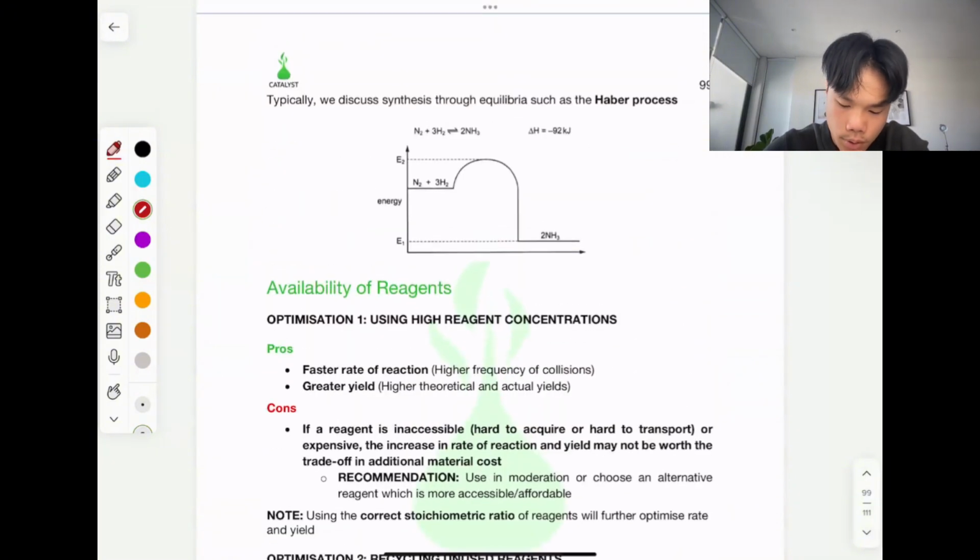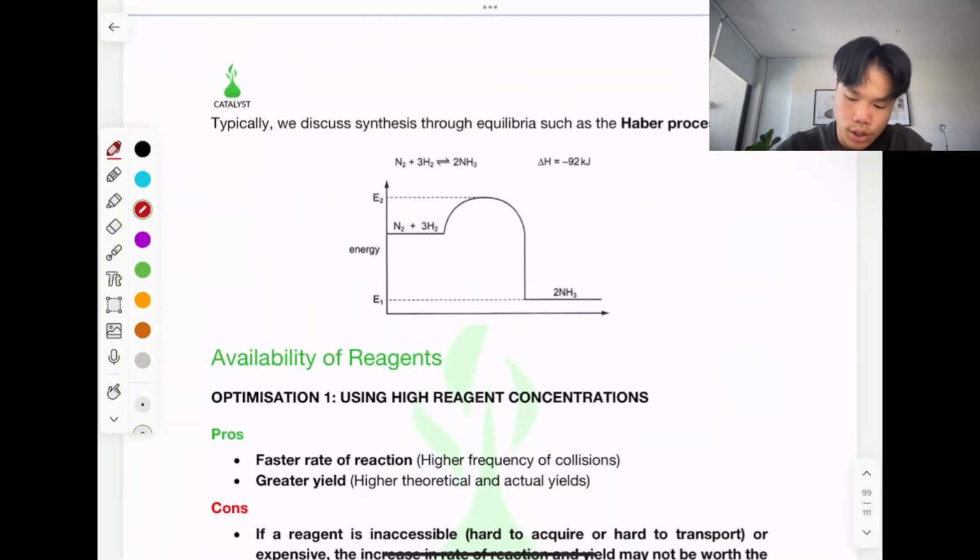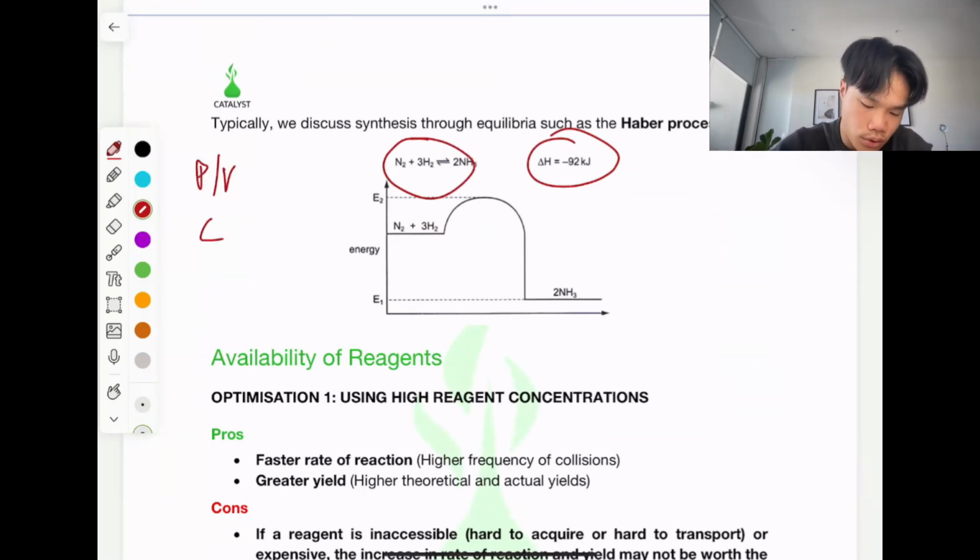And in any chemical synthesis process, if you're given the delta H and you're given the equation, you should be able to talk about the effect of changing reaction conditions, such as pressure, volume, concentration, and temperature, as well as the effect of adding a catalyst.